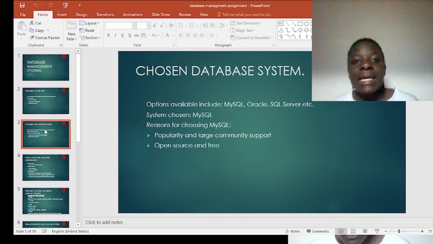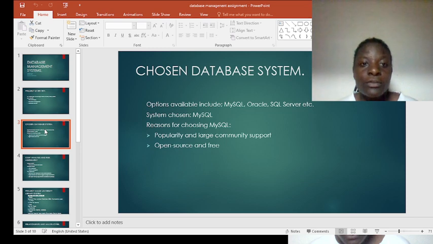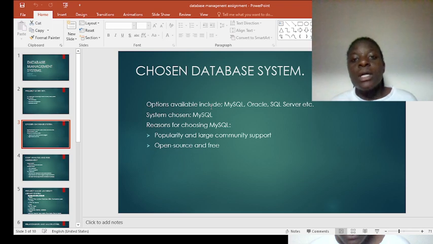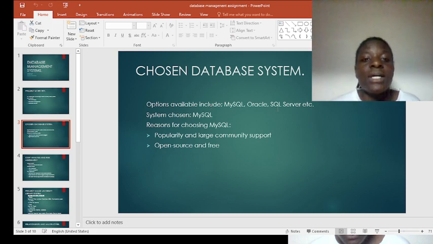So there are choices of relational database management systems that one may use, which may include MySQL, Oracle, SQL Server, among others. And I've been tasked to choose one among all those.